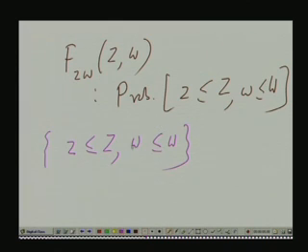So, this describes an area in the ZW plane where, for any point z comma w, we have z less than or equal to capital Z, w less than or equal to capital W. This corresponds to some area dZW in the xy plane.